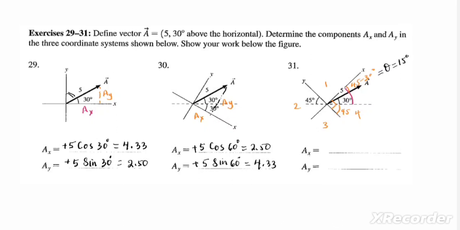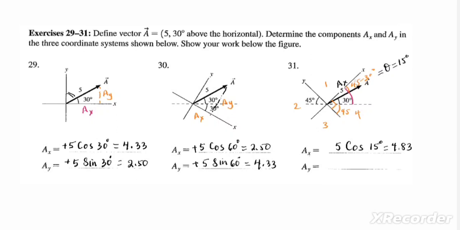So let's look at ax. The x component is right here. So this is our ax, and that is going to be 5 cosine of 15 degrees, which is around 4.83.